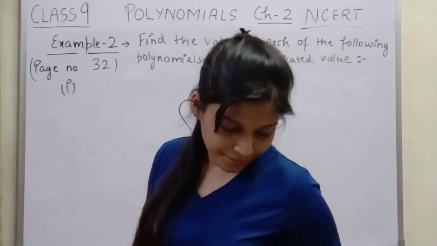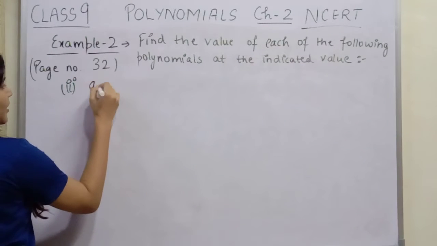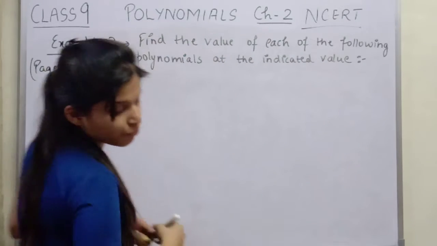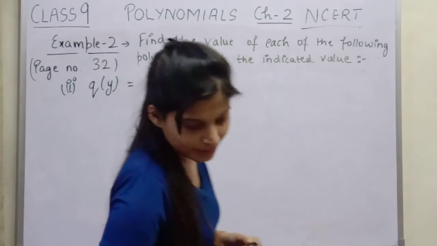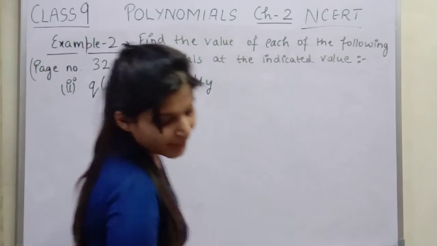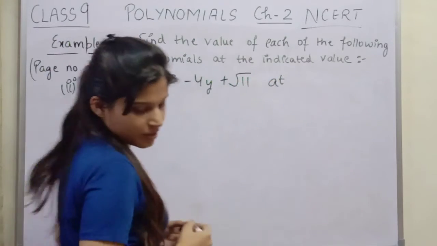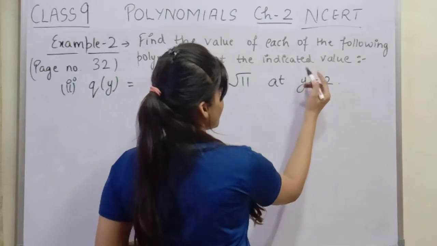Now in the second part we have q(y) equals 3y cube minus 4y plus under root 11 at y equals 2, right?